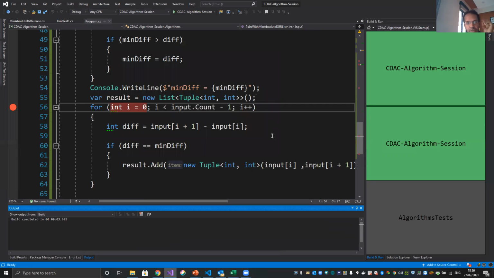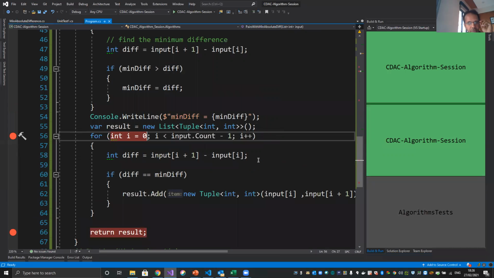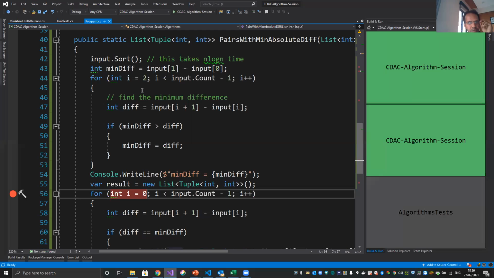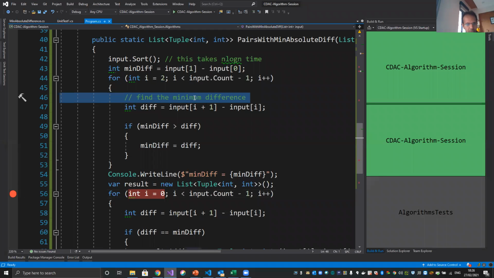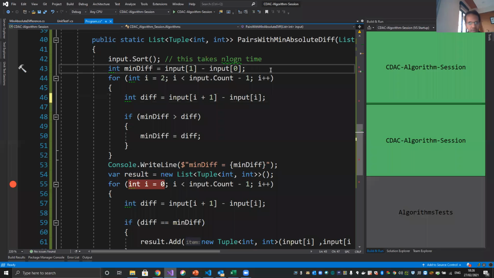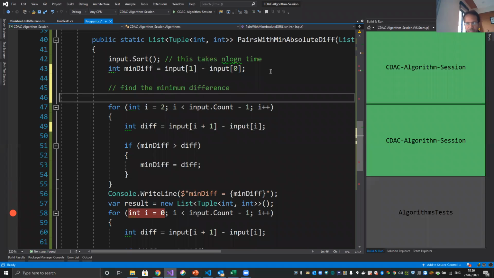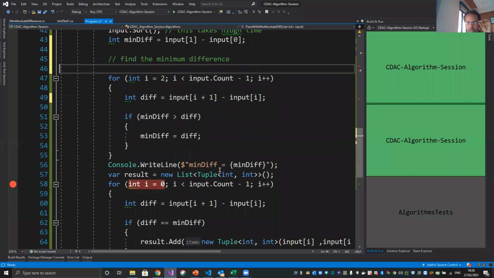Okay, so you got any questions here? Any part of the code that's not understood? So, what we tried doing here is we tried finding the minimum difference. Okay, we are trying to print only those tuples. Yes, that's correct, Prasanna.